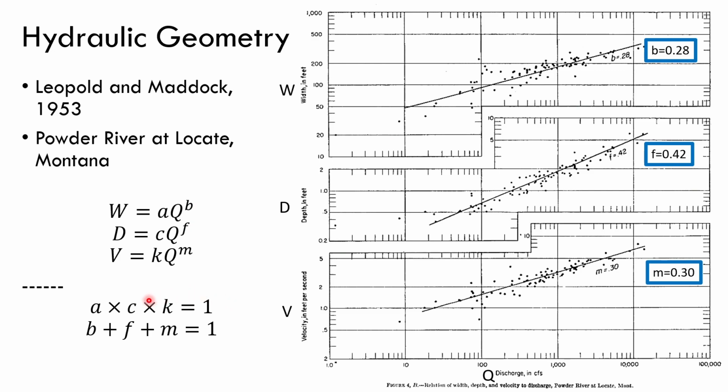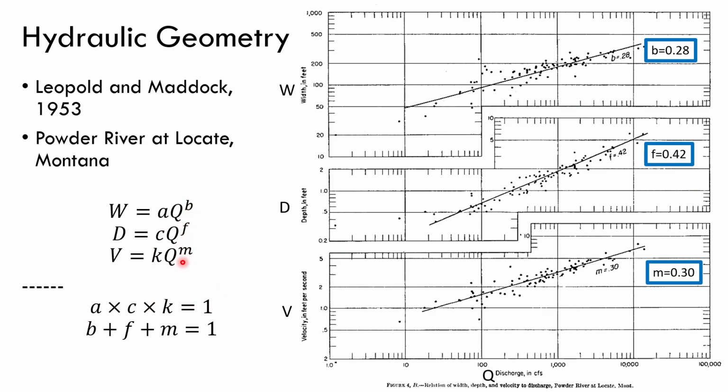And so one of the interesting things that has come out in a lot of the hydraulic geometry literature is that essentially when you do this, you should end up with intercepts, if you multiply a, c, and k together, that should approximately equal 1.